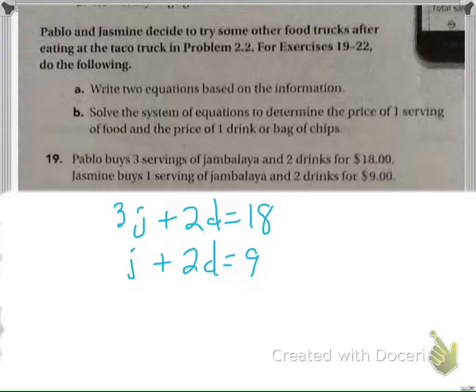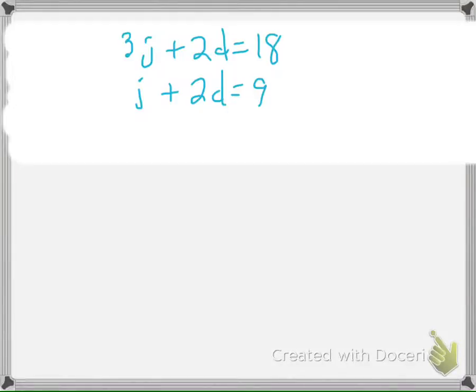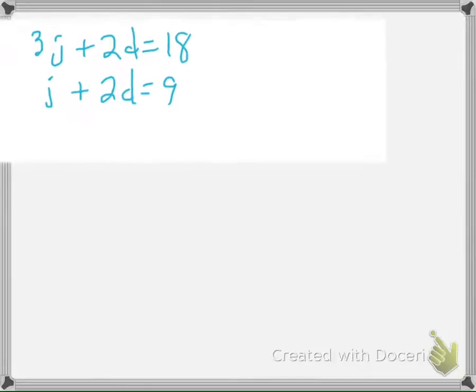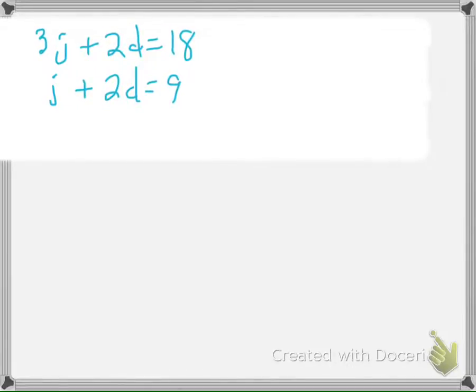Now B asks us to solve the system, so I'm going to do just that. I'm going to copy my equations here. Using combination, I have to figure out what I can multiply one of the equations by to cancel them out. To cancel out the J, I would have to multiply by -3 here.